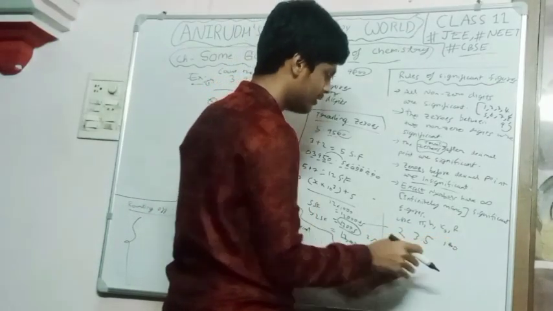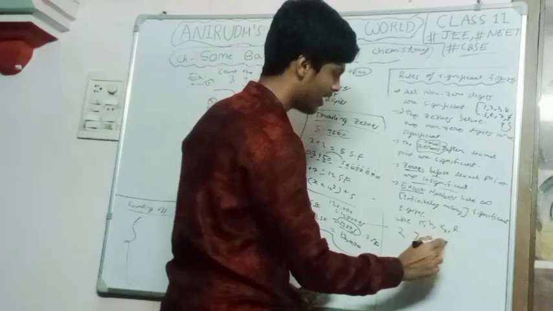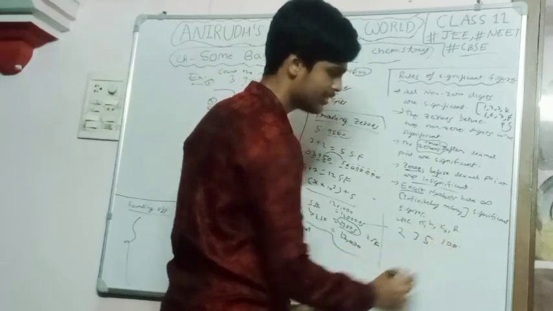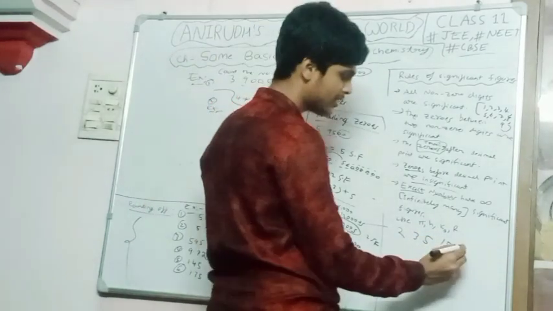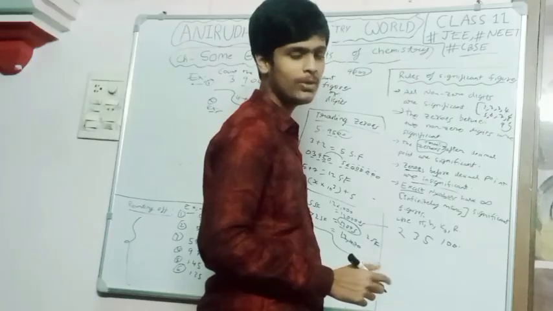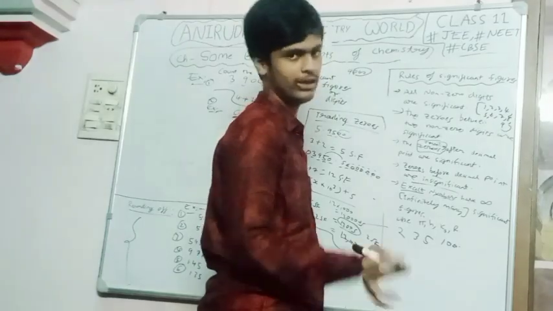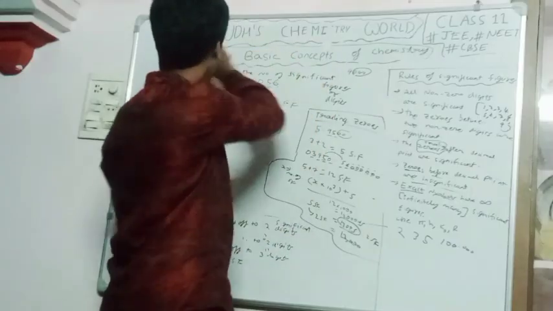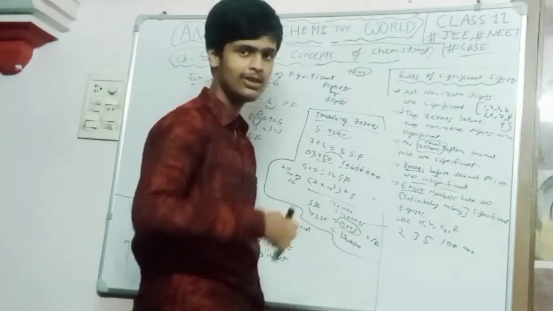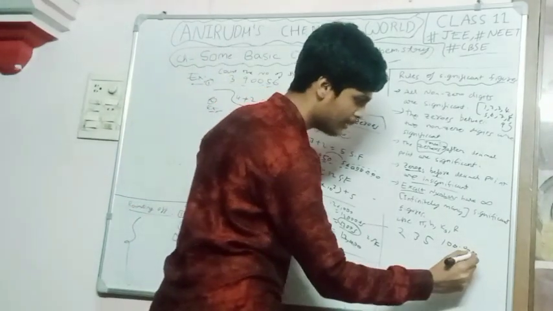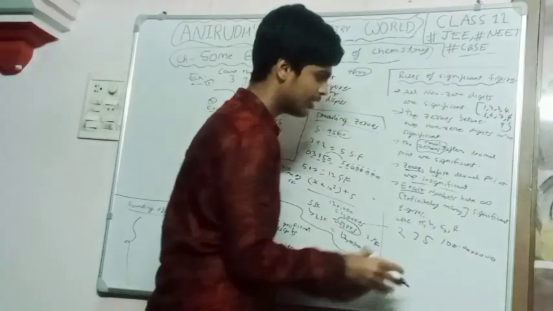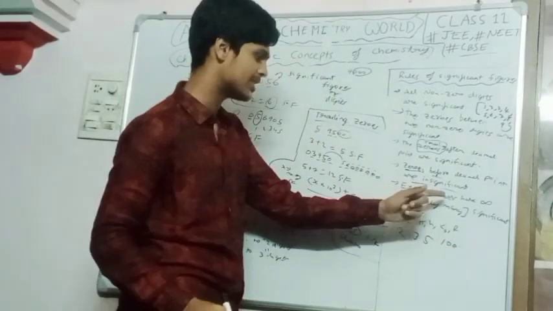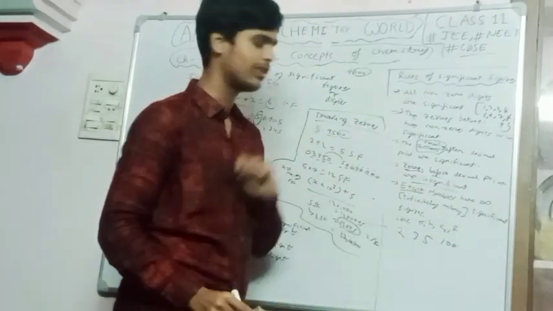According to the situation you can write any number of zeros after the point. If I fill this whole board, the zeros will not be completed. So that's why the exact numbers have infinitely many significant figures.